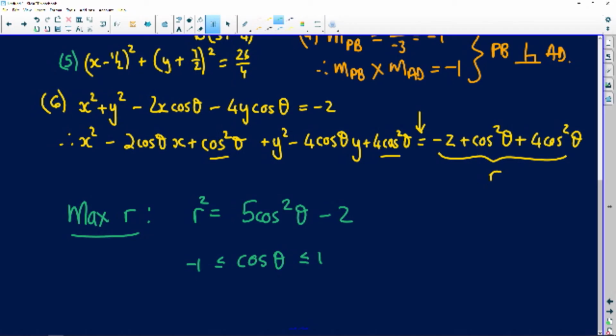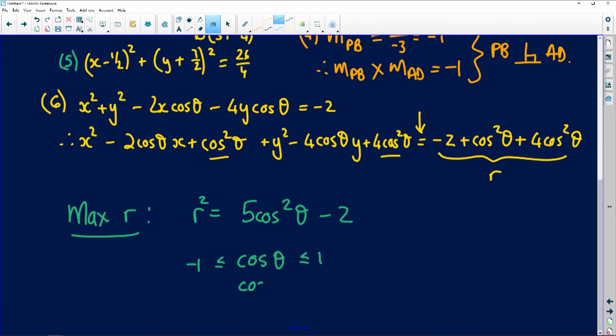Now if I square it, remember if you square something, the only thing that happens is it jumps to the positive. So if it was minus 3, it's now positive 9 because I squared it. So that means that the cosine squared of theta must therefore lie between 0 and 1.